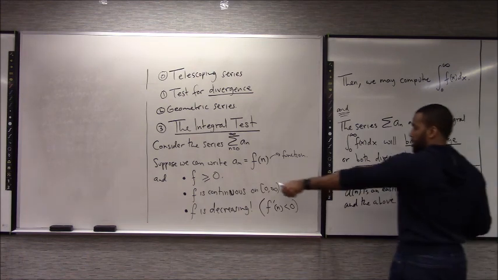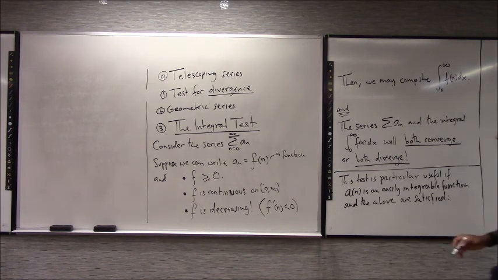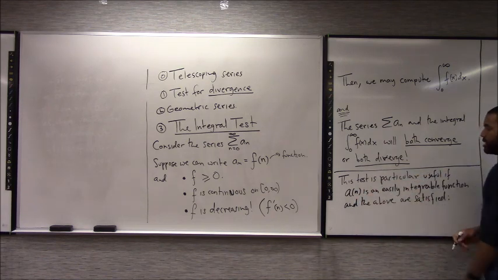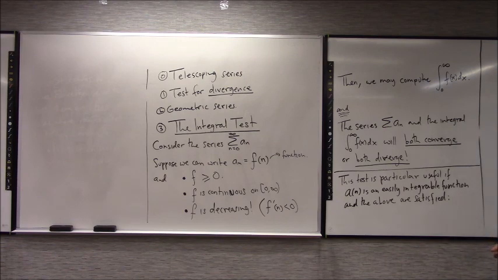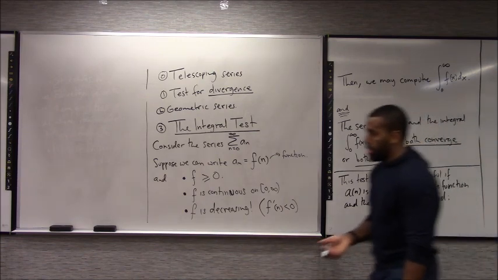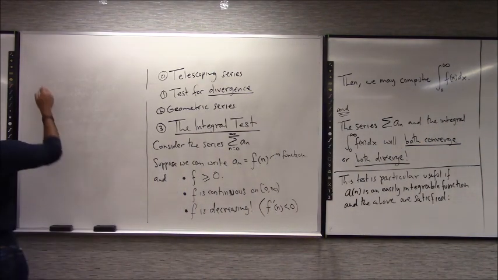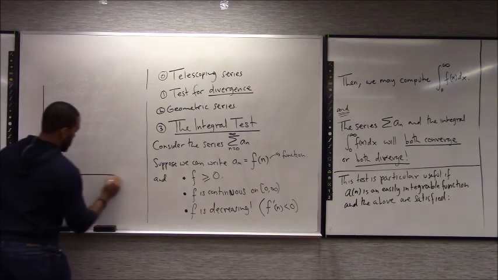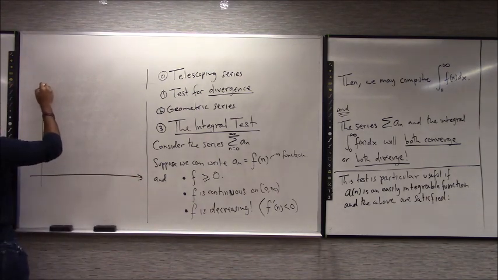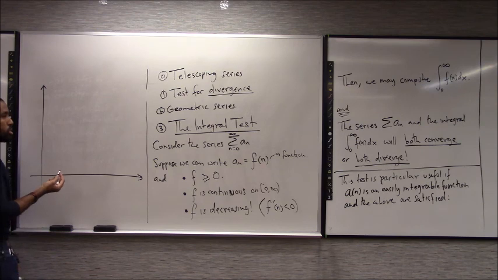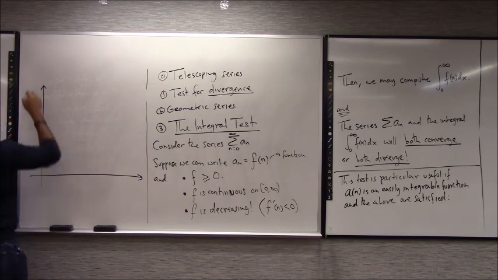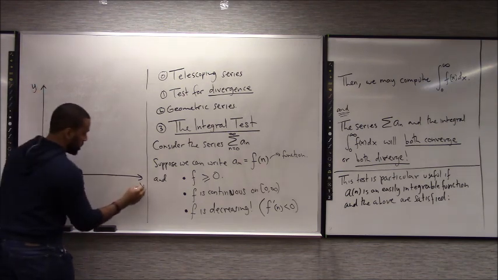Meaning if I think of it as a function, these three conditions are fulfilled. So if you have all of that, and at the same time I could integrate that pretty easily, the integral test is going to be nice. And the idea here is that it's a lot harder to get the integral to work than it is to get the series to work. That's why this test works out so nicely.